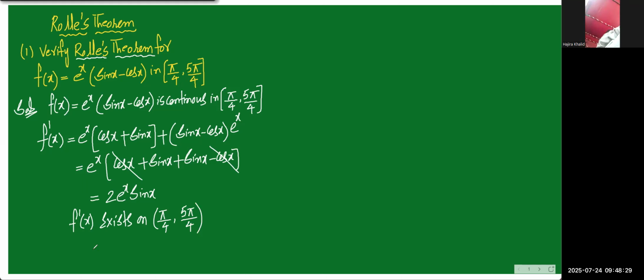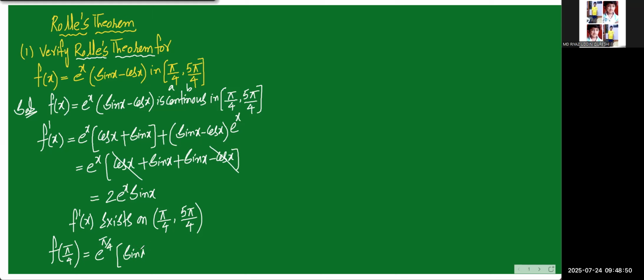So now, third condition, we need to check the f of a value. Here you see this is our a value, this is our b value. F of a means f of pi by 4. That is equal to, wherever x is there we put pi by 4, and here also we get sin pi by 4 minus cos pi by 4.